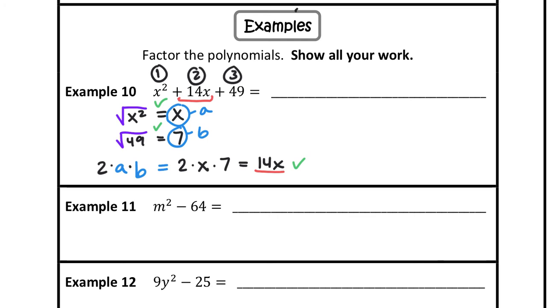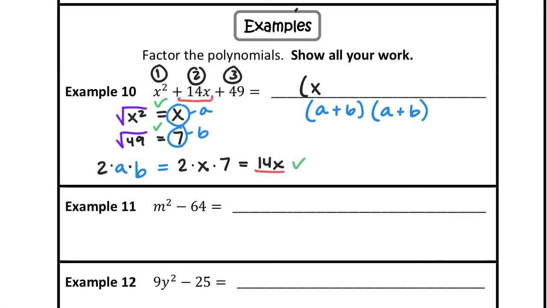So we have a perfect square trinomial. So since I have a plus plus, we're going to write A plus B times A plus B. But what is A?